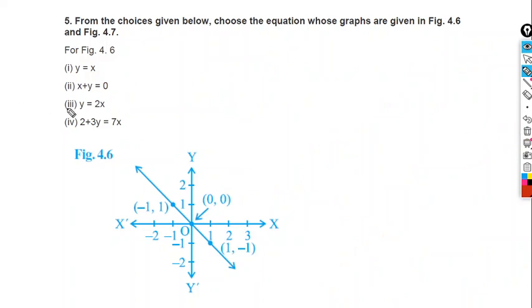Now similarly, please take III and IV. You test III and IV and check whether they are also satisfying these points or not.